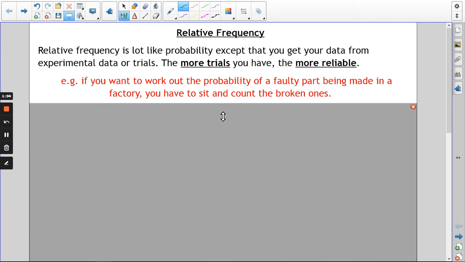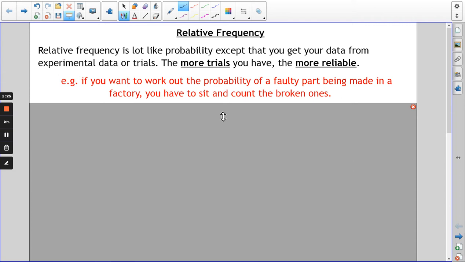A good example would be that if I've got a factory and I'm producing little parts and I want to know the probability that one of those parts, when it comes off the production line, is faulty. Faulty straight away, so I can't sell it, I can't use it. And you can't do that by looking in a textbook.